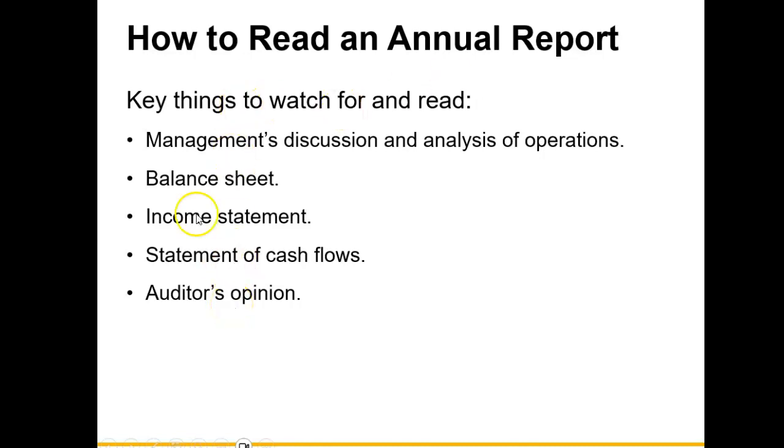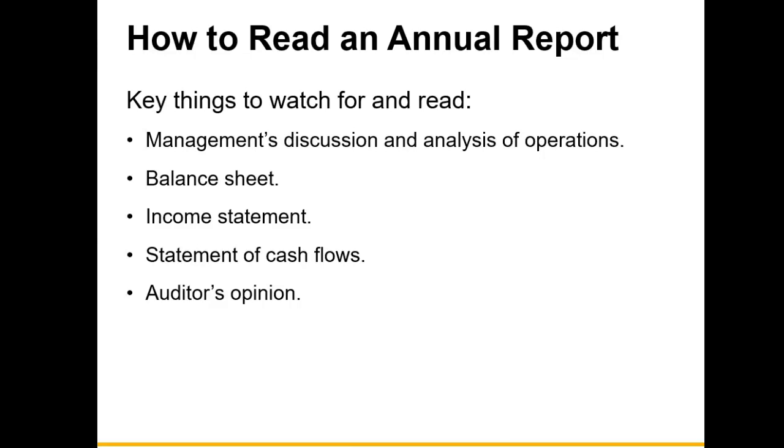It will consist of management discussion and analysis, which is data coming from management about how well a company is performing. It will consist of statements such as the balance sheet, income statement, and statement of cash flow. And then there's an outside accounting firm, known as an auditor, that gives their opinion about your information.